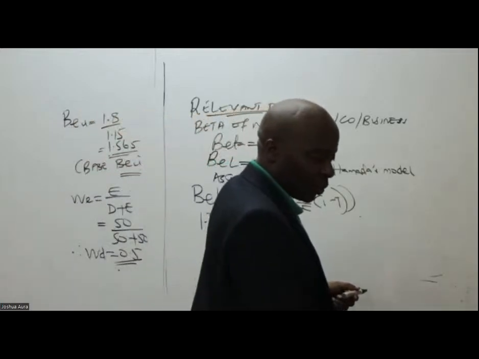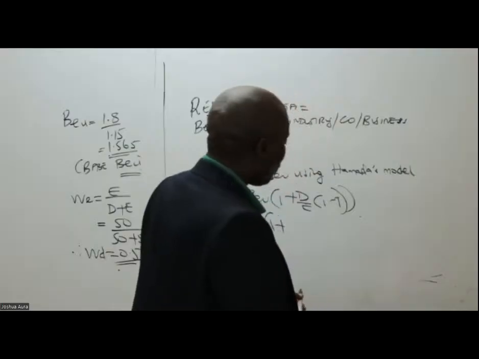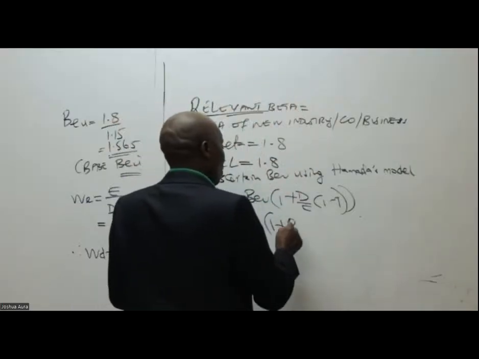So ladies and gentlemen, what do I have here? In this question, they have for sure given me the debt to equity of this new business. They have told me the debt to equity is 0.2.